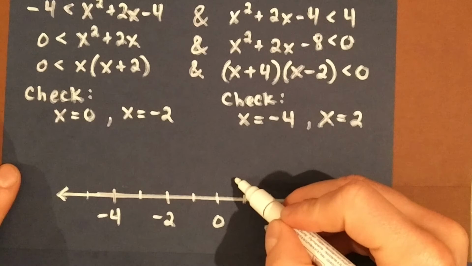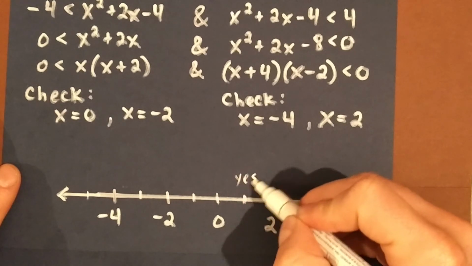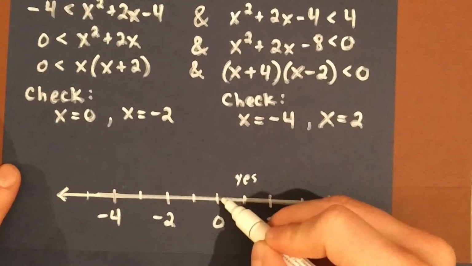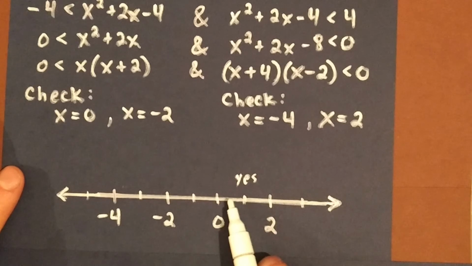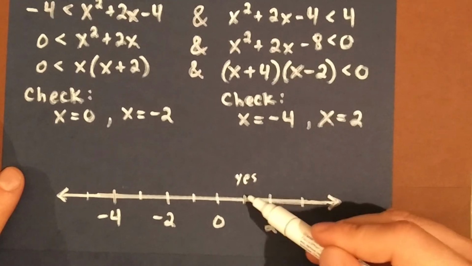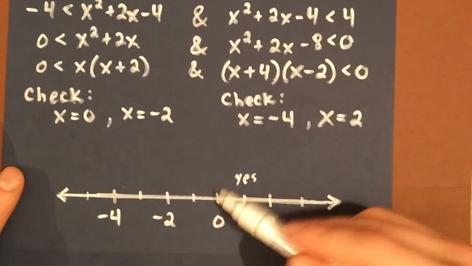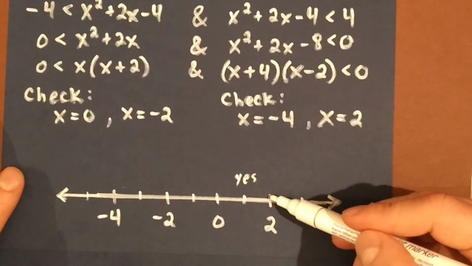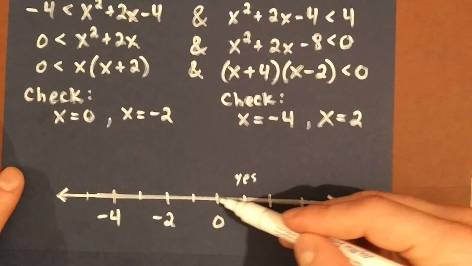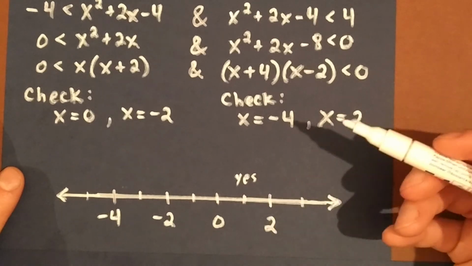So this is a yes. I don't need to check any other numbers in here, you can think about it yourself. Because this is one of the reference points, this is one of the points that makes it equal, and this is one of the points that makes it equal. All the points in between will either work or not work.